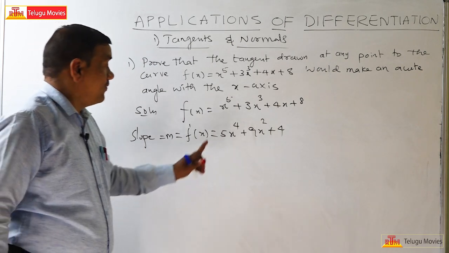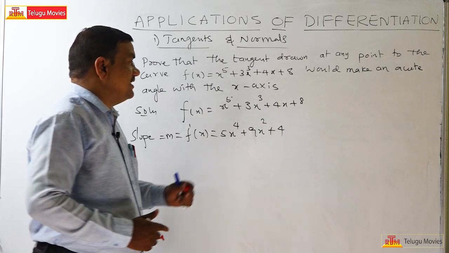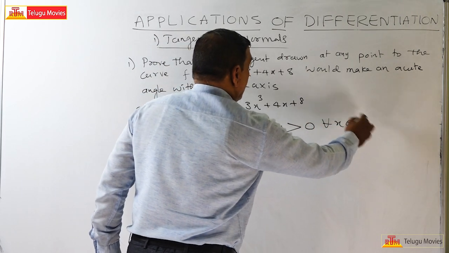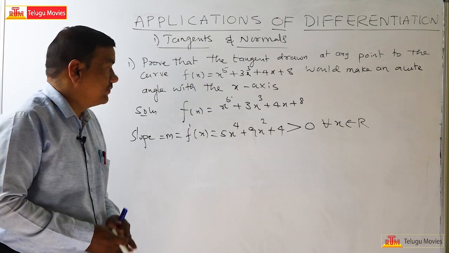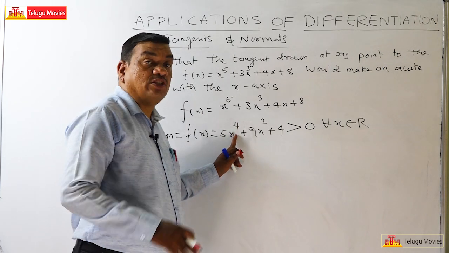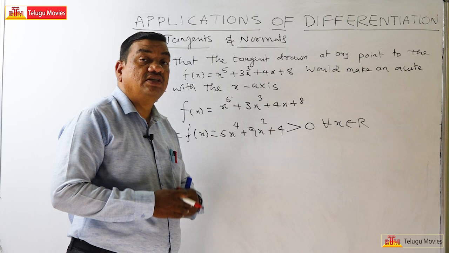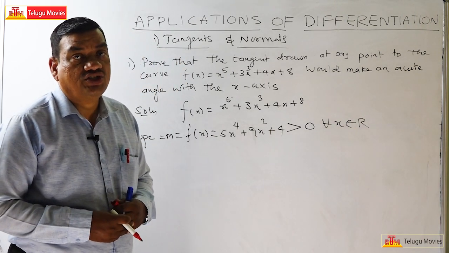If you observe here, 5x to the power of 4 plus 9x square plus 4 is strictly greater than 0 for all x belonging to real numbers. Whatever value you substitute in place of x, x power 4 is positive and x square is positive. On the whole, it is strictly greater than 0. It is never equal to 0.